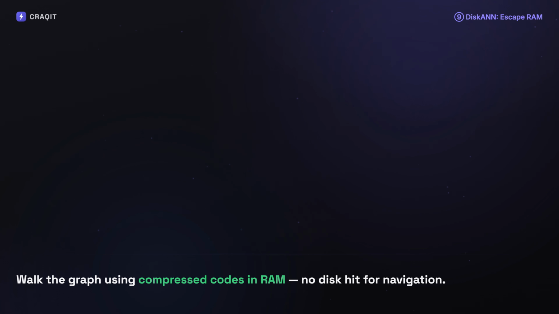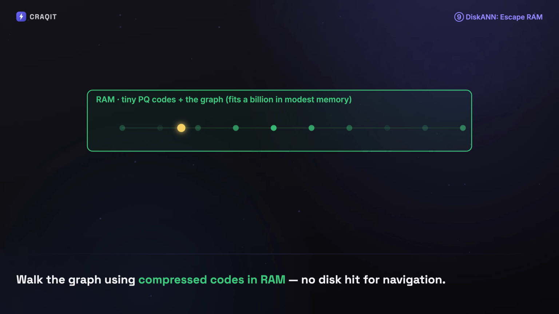So far, every fast index has wanted to live in RAM, and RAM at billion vector scale is where budgets go to die. The modern answer, and a genuinely impressive thing to name, is DiskANN, built on a graph called Vamana, which makes graph search disk native.